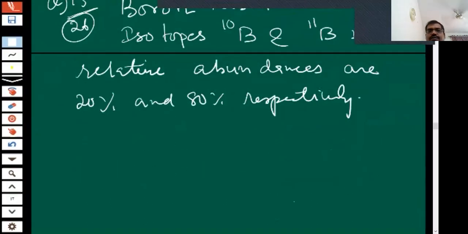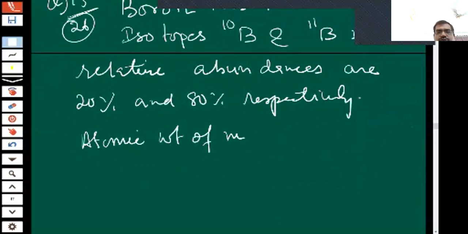What is the atomic weight or atomic mass of boron?